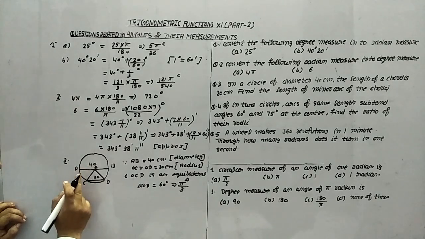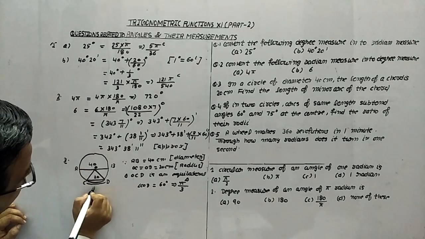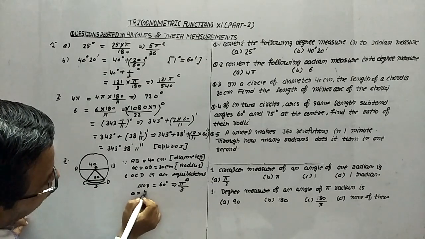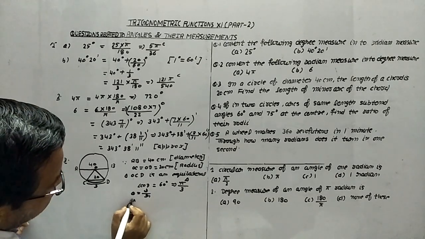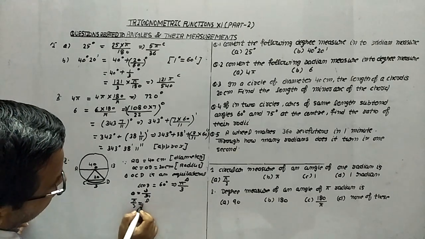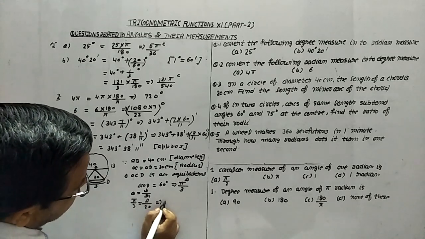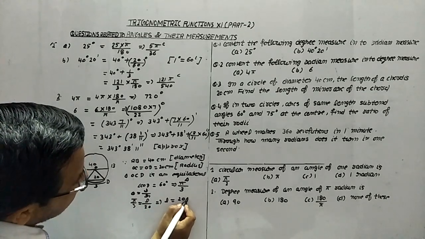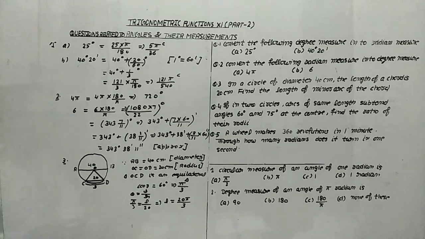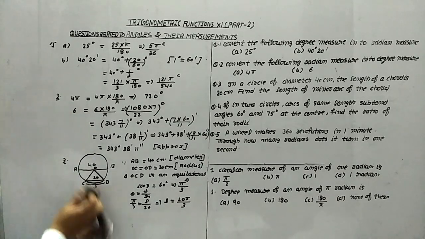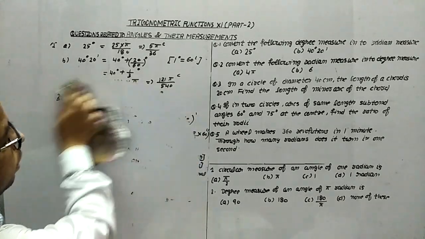Now angle is given, radius is given. Let us suppose this arc length is L. Now theta is equal to L upon R. Theta is pi by 3, L unknown, and R is 20. It means L is equal to 20 pi upon 3. And this is the answer, or this is the way to do the solution.